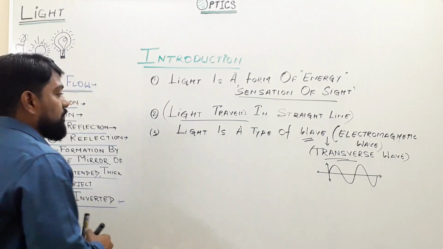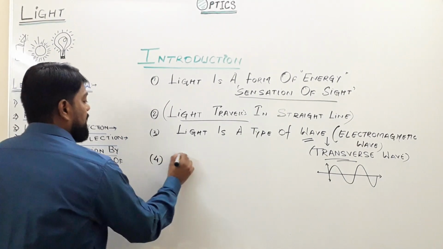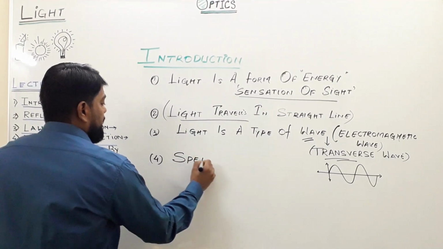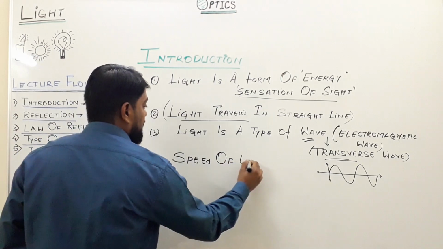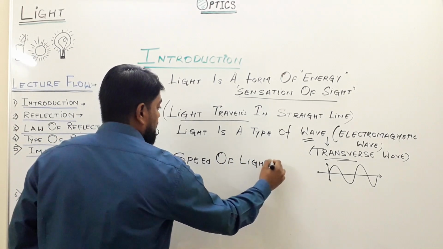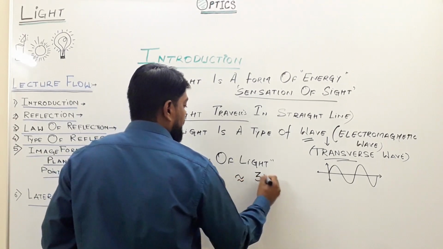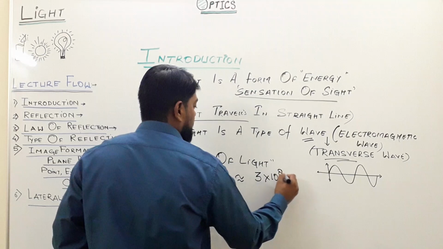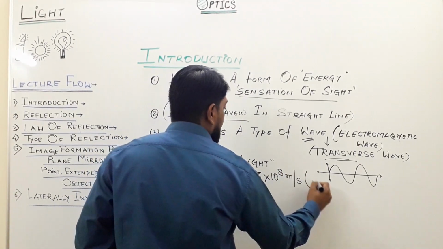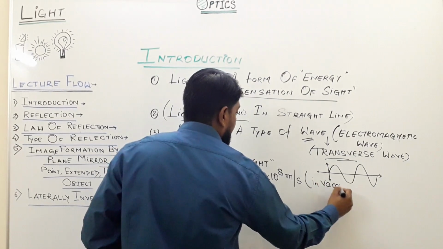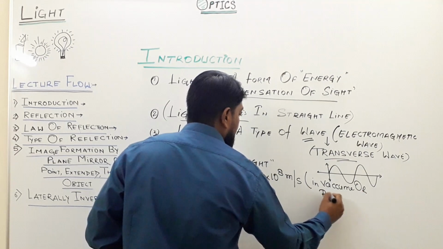Now, the fourth important characteristic is that speed of light is approximately 3 × 10 to the power 8 meter per second, which we are considering in vacuum or in air.